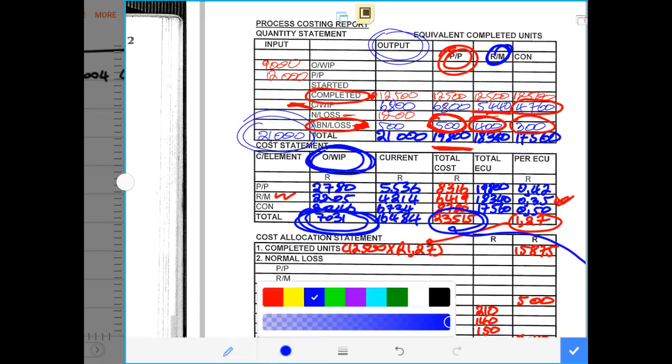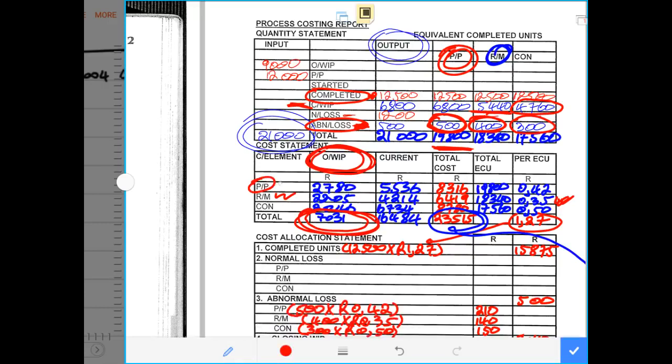If you see under previous process, that was the opening balance. We recorded all that opening balance under the total amount. Then we have to record under the current 5,536. That is the previous process cost that was incurred.